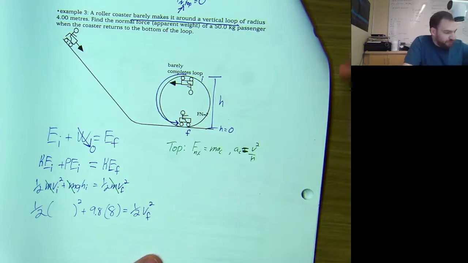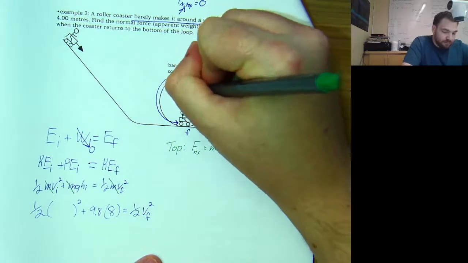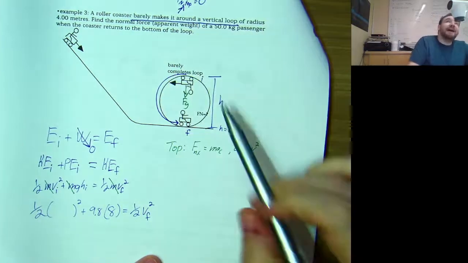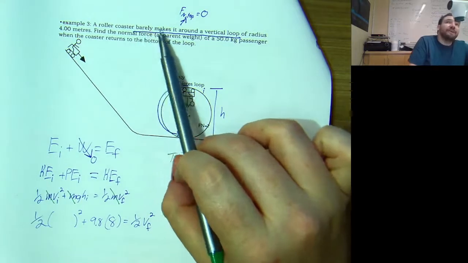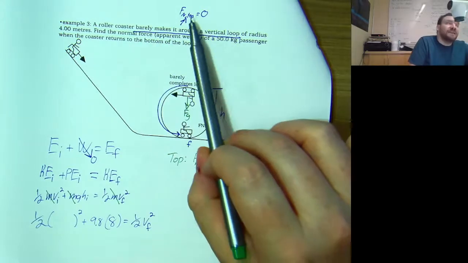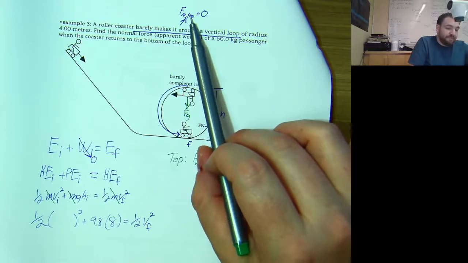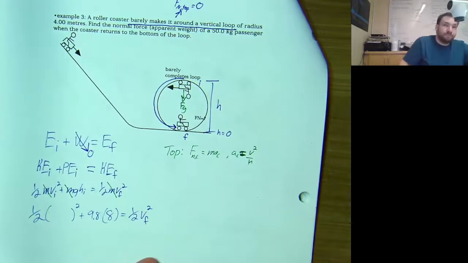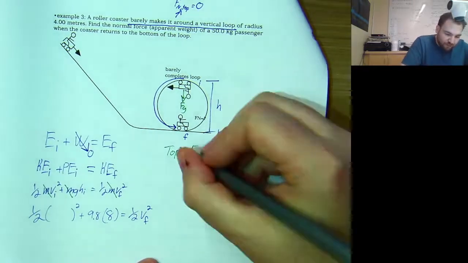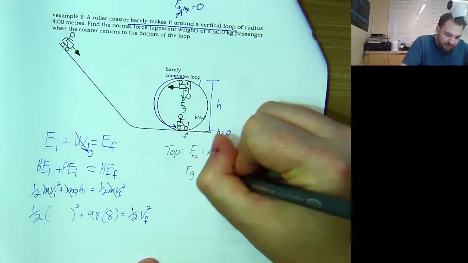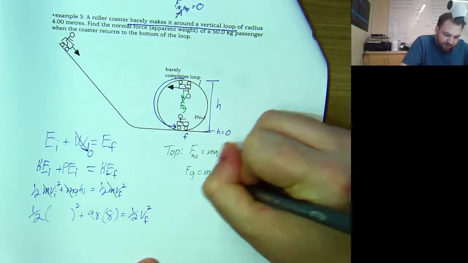So, what forces are acting on the guy in the coaster at the top of the loop? Only Fg, because barely makes it around a vertical loop implies Fn at the top equals 0. So we're going to have Fg equals mv squared over r.